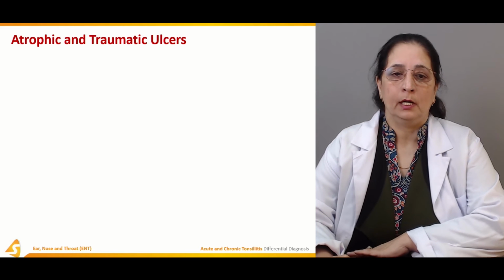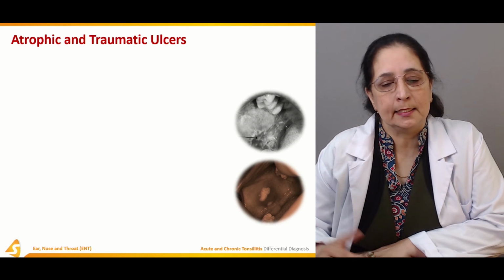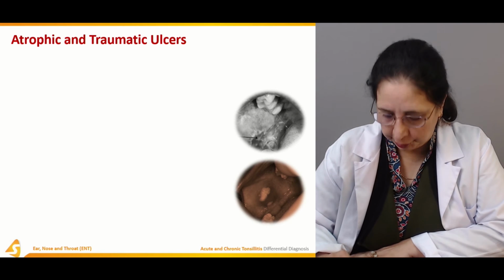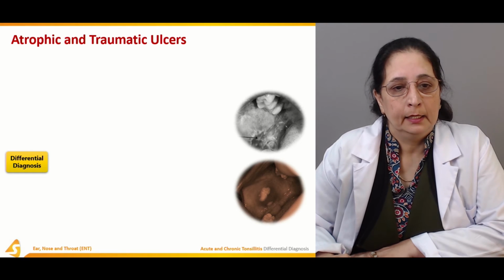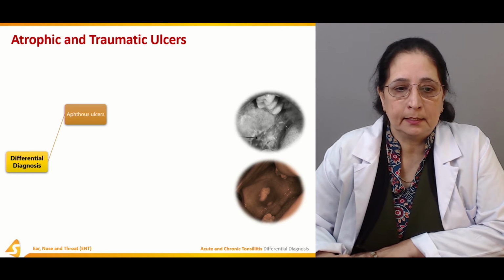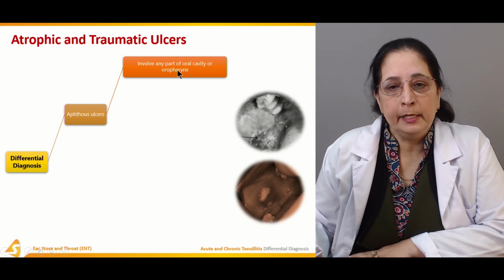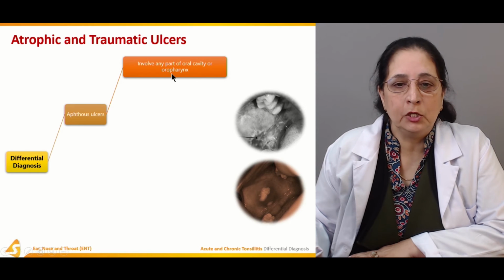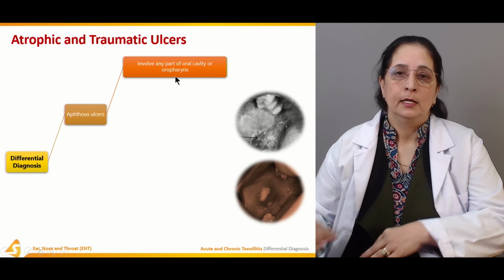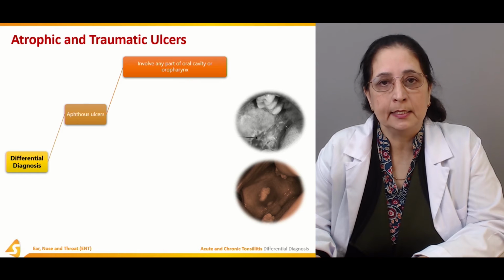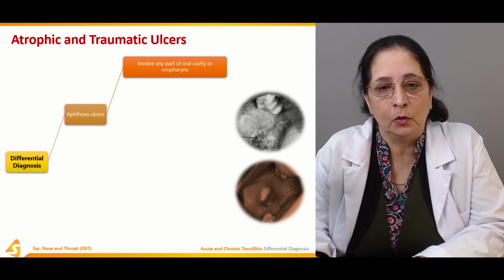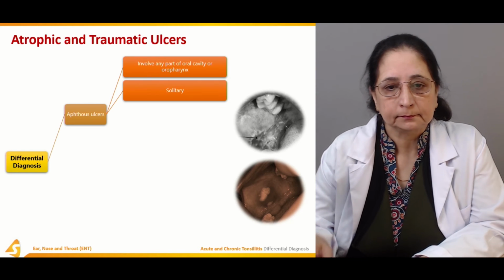Aphthous and traumatic ulcer, that's the other differential diagnosis. It's aphthous ulcer, in which any part of the oral cavity or oropharynx is involved. So aphthous ulcers are present in the oral cavity or oropharynx.